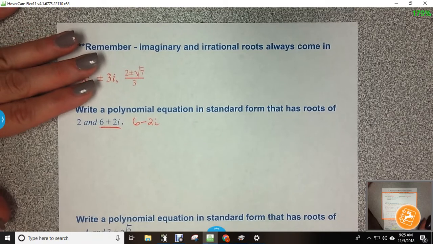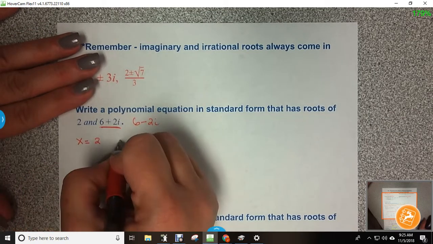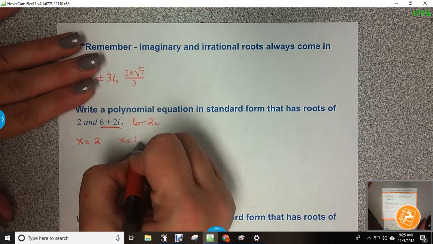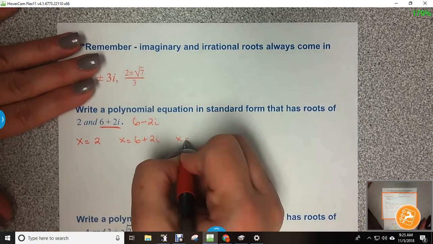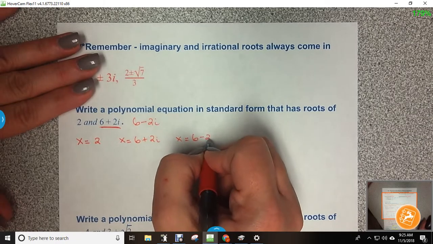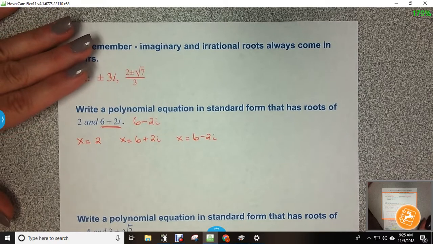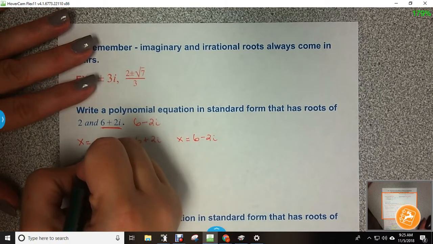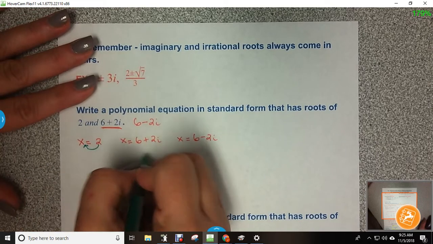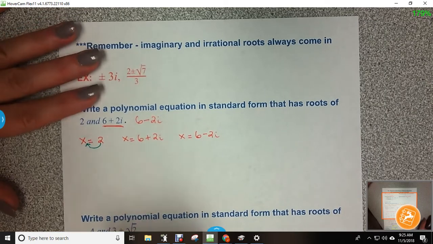I'm going to work backwards with those. I know that x equals 2, x equals 6 plus 2i, and x equals 6 minus 2i. I have to get back to the equation. So just like we did in the first half of the chapter, we're going to move all of this stuff back over on the same side with the x so I can put them in parentheses.